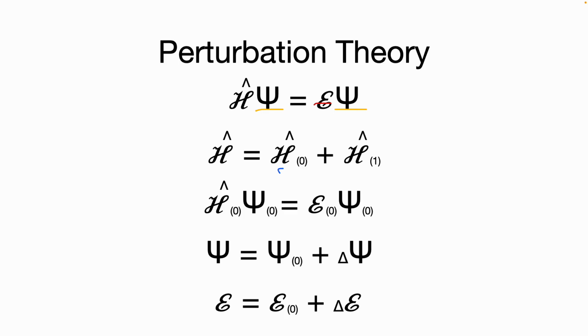The first of which is exactly solvable and has eigenvalues and eigenfunctions that we know. And the second part of the Hamiltonian renders the total Hamiltonian insoluble and is known as the perturbing Hamiltonian.